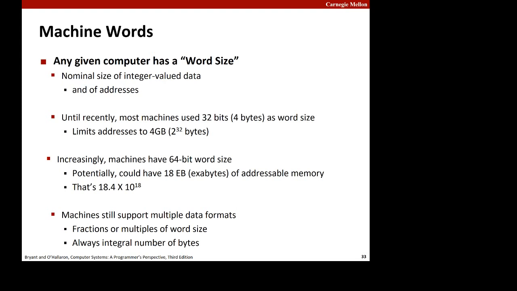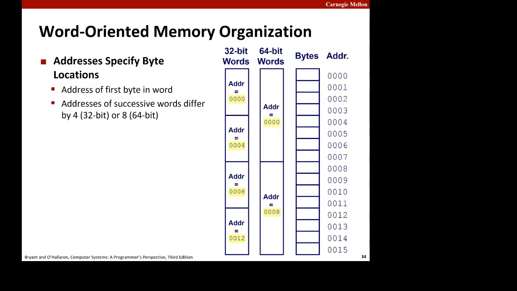So what happens is on the machines that they actually build today, the hardware, it's not only 64-bit addresses, but they only let you use the first 48 of those. And so they don't really support true 64-bit execution. Anyways, the point being that depending on how big your words are, that defines how many bytes of memory you can address.